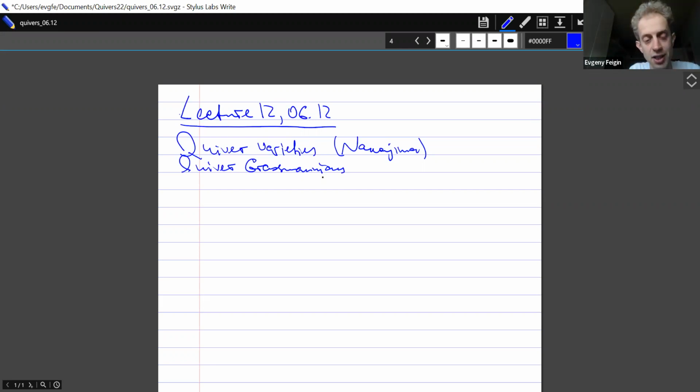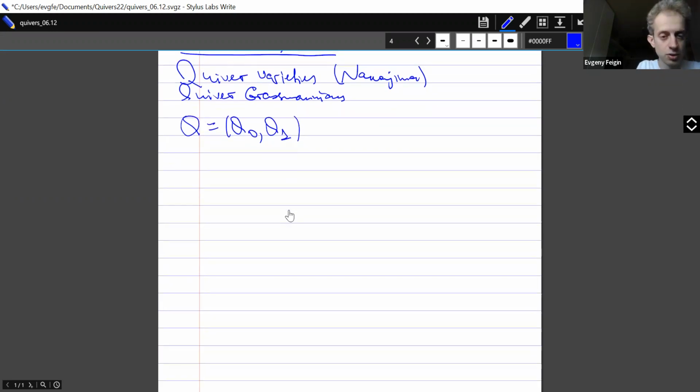So let us start with the first class of varieties, the so-called Quiver varieties. For that, we consider, as usual, our Quiver Q with the set of vertices Q0 and the set of arrows Q1. And we need the notion of framed representations. So let me define.